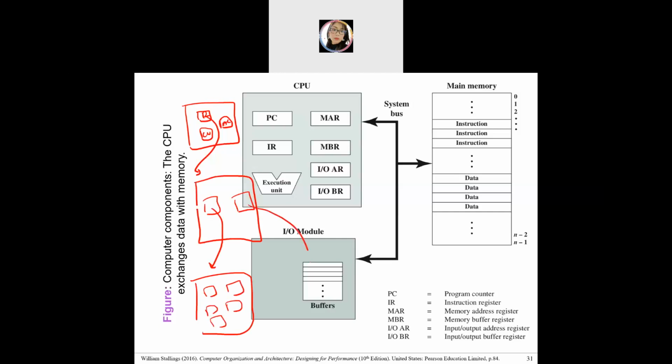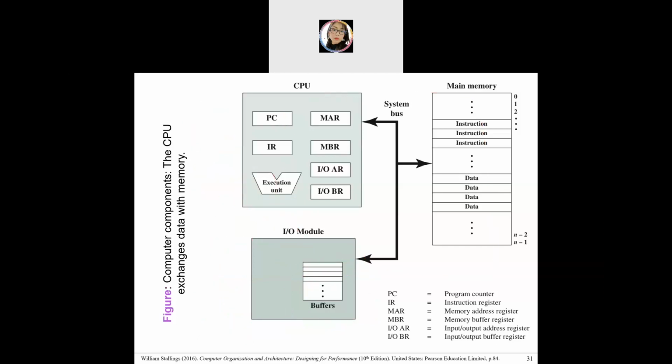Also, what will be available for control? You have the PC, you have MAR, you have IR, so you can see the classification. Or maybe you can try to draw a bigger CPU picture, so you can put all the things in. Then you can see, oh, actually in the CPU there is a lot of things.